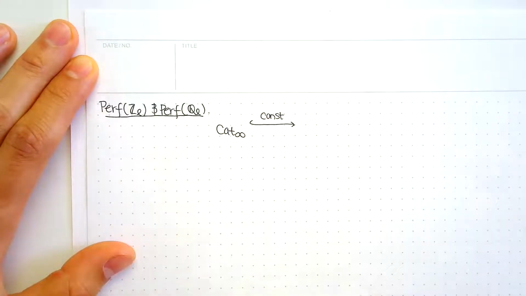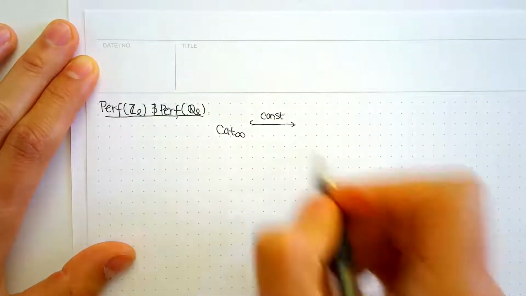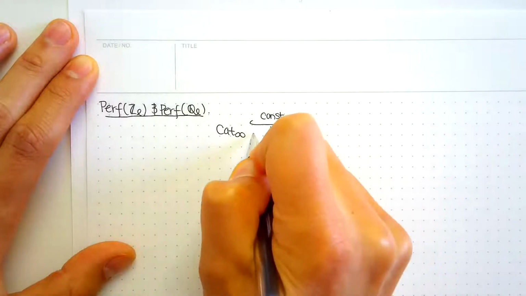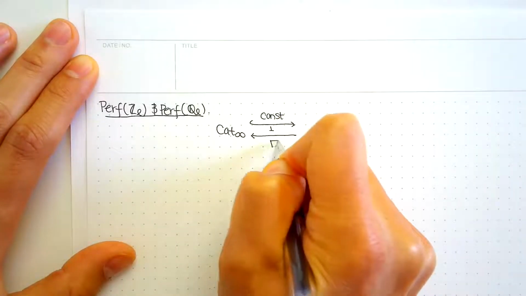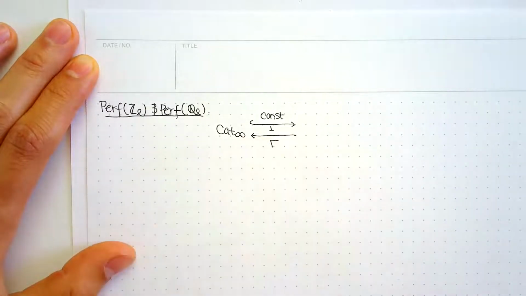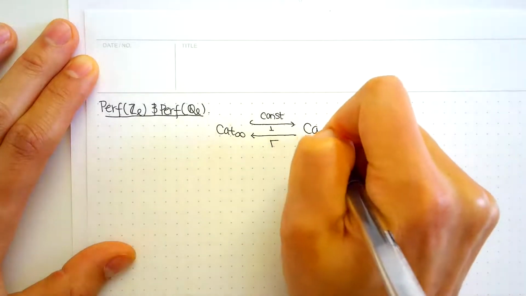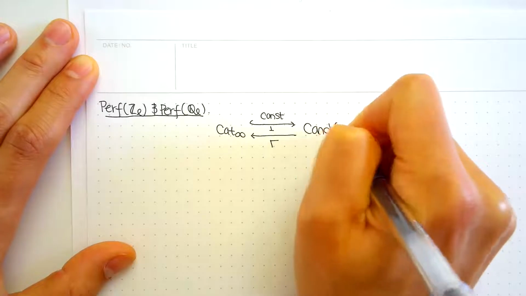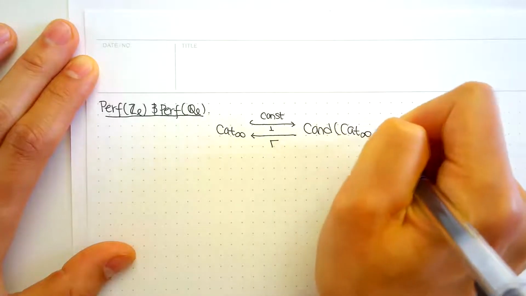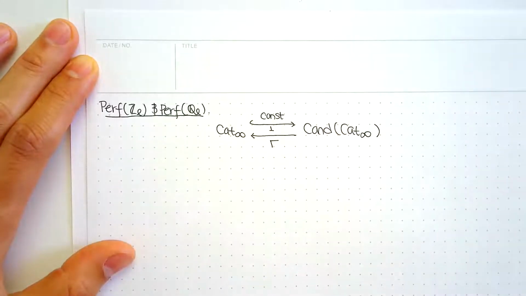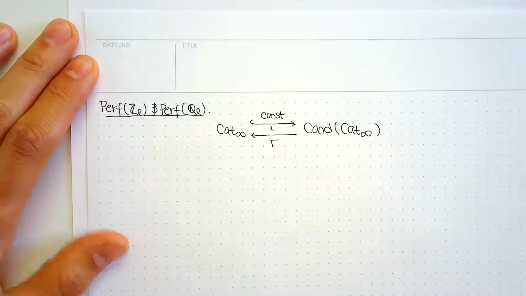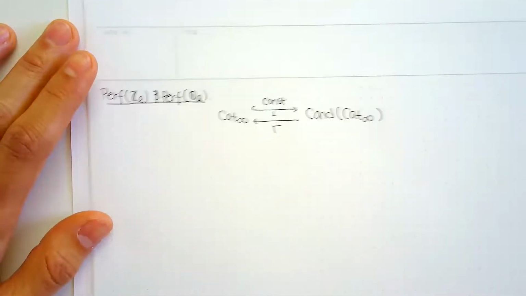So as usual, there's a constant sheaf functor that's left adjoint to global sections. In this setting, it happens to be fully faithful. So you can regard any ordinary infinity category as a condensed category.